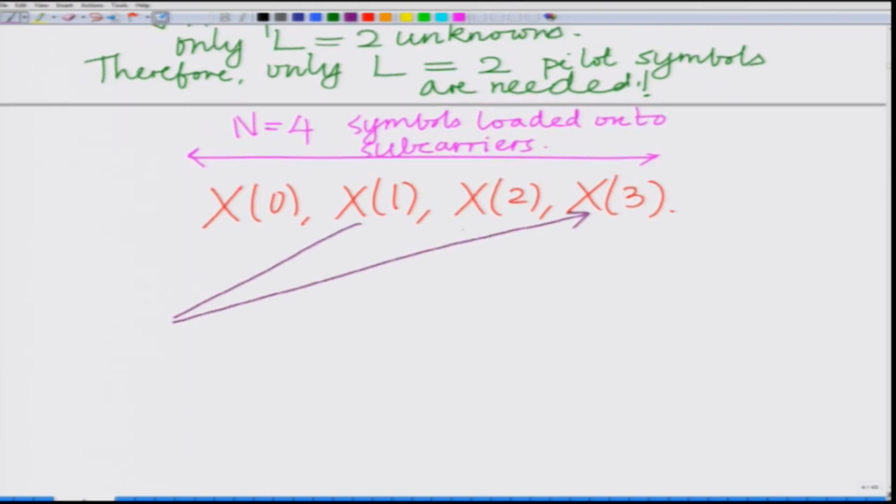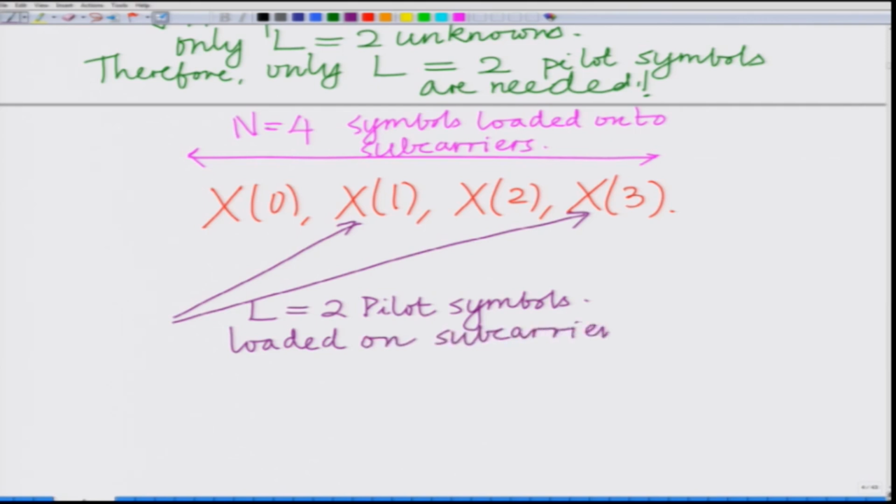So, let us say X1, X3 are the L equal to 2 pilot symbols, loaded onto subcarrier 1 and subcarrier 3.